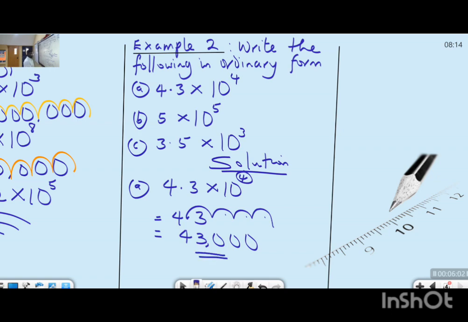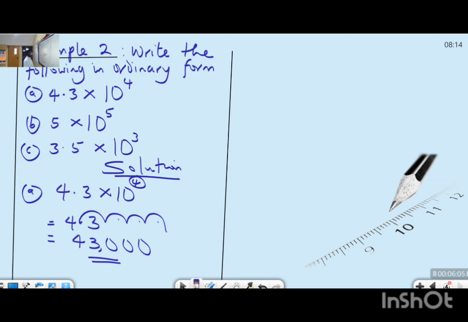So that is our answer for that. I hope that is clear. The second part, we have 5 times 10 raised to the power of 5. 10 raised to the power of 5 means we are going to have 5 zeros.